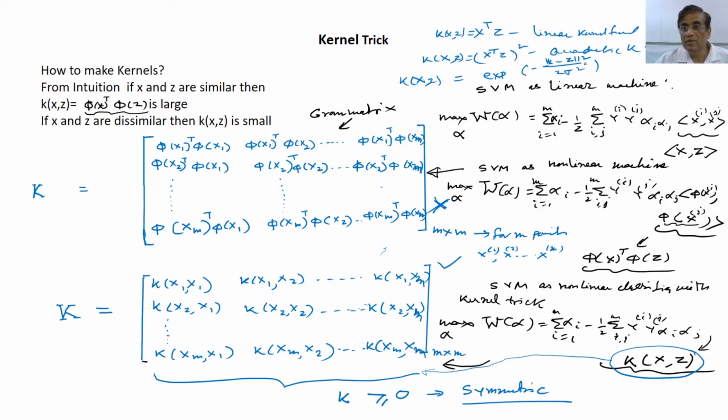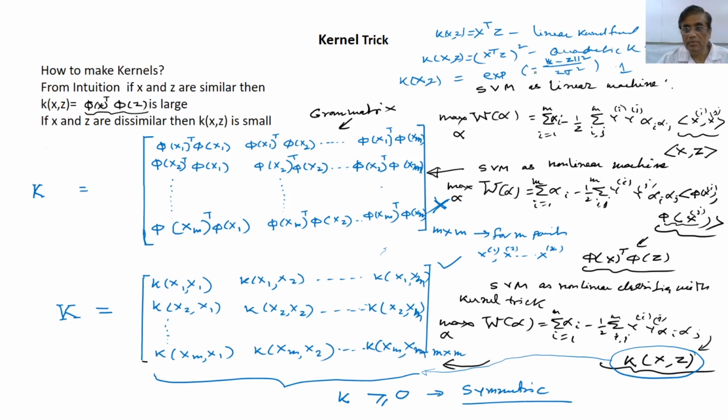And you see, all of them have this characteristic feature that if x and z are very similar, then this will be 0. So, e to the power 0 will tend towards 1, the maximum value. So, the value from maximum to minimum will be between 0 and 1, because if they are very dissimilar, then this will be a large quantity.